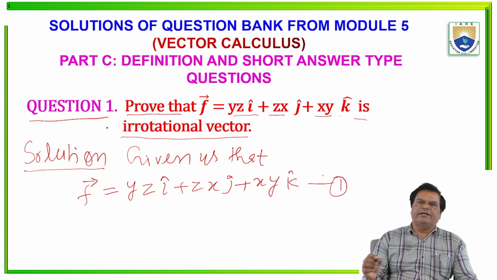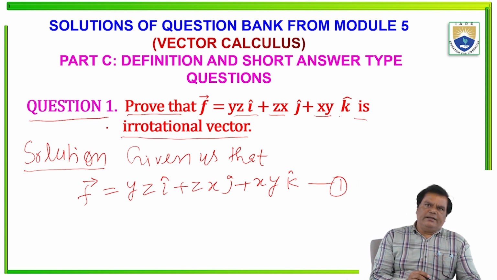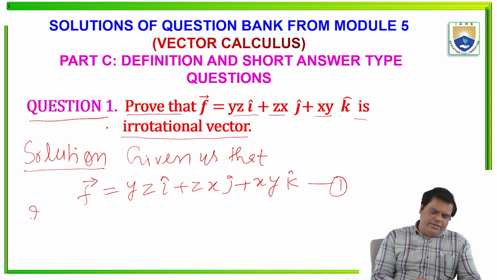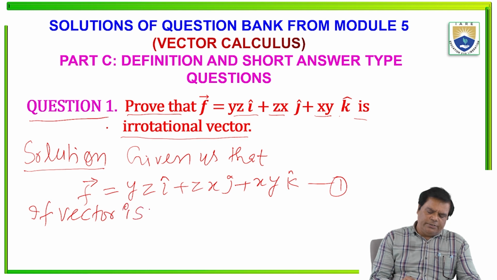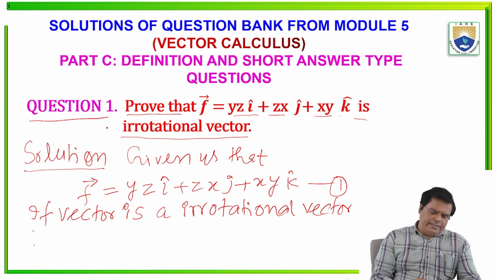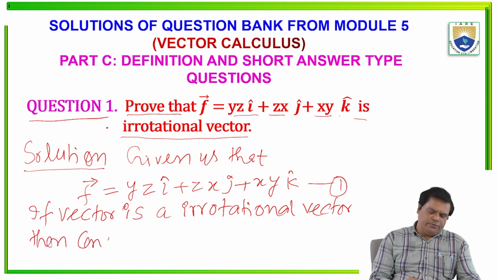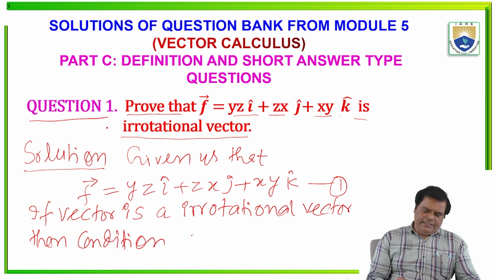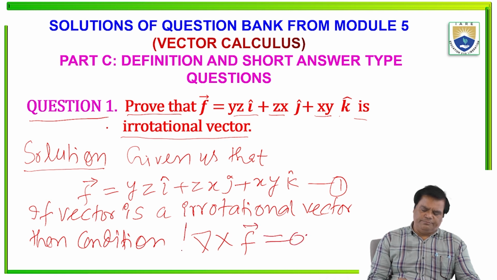Now, a vector F is an irrotational vector if the condition del cross F must be equal to 0.